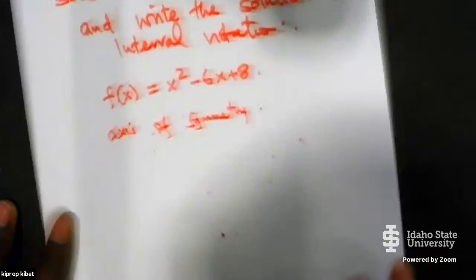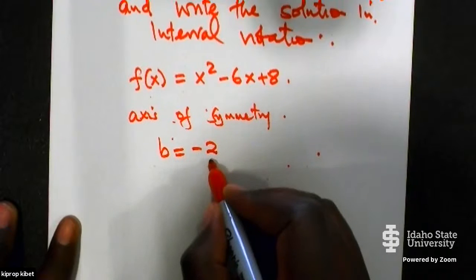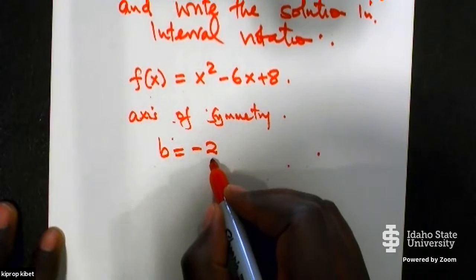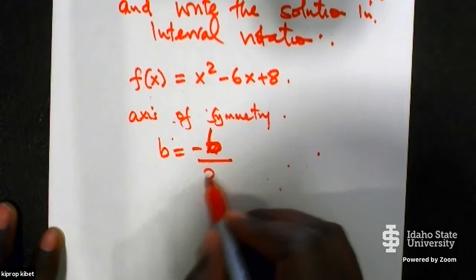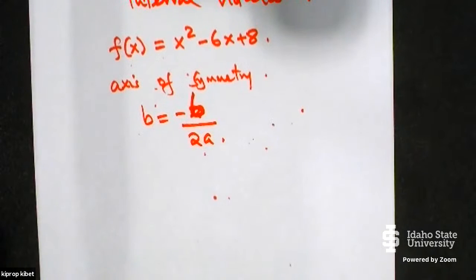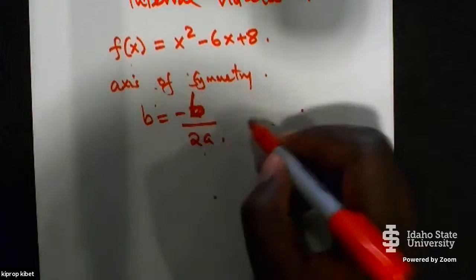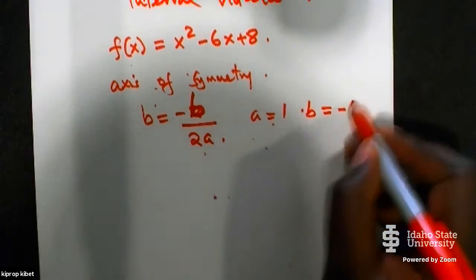So our axis of symmetry here would be of the form x equals minus b all over 2a. So we have our a equals 1 and our b equals minus 6.